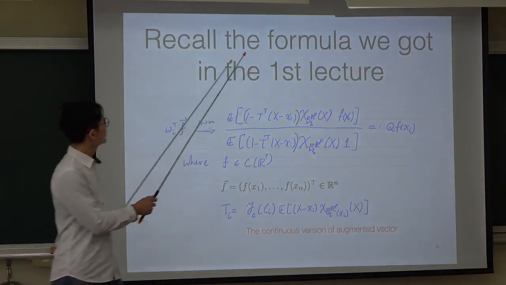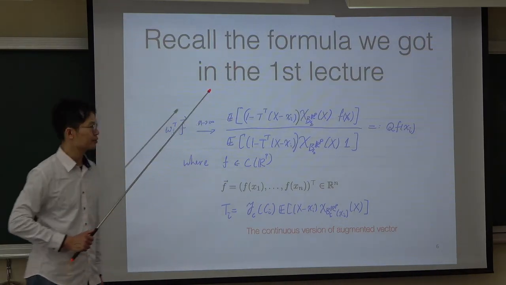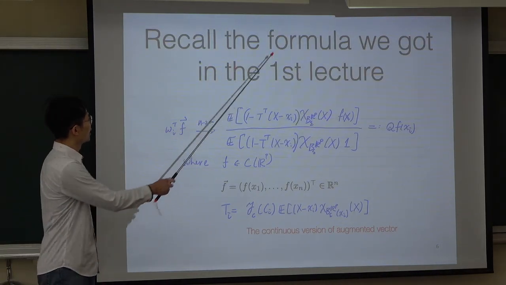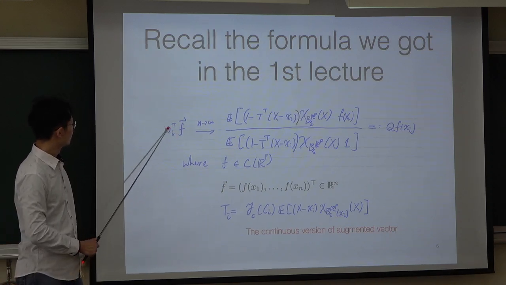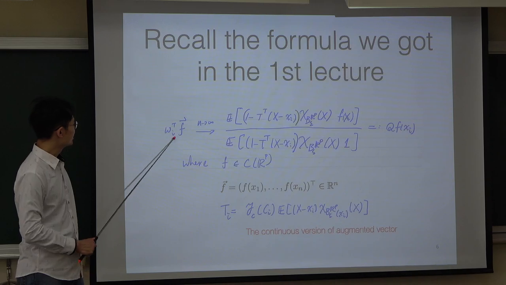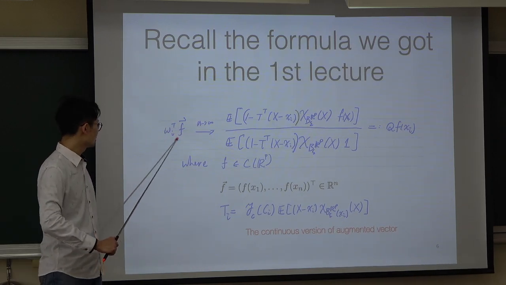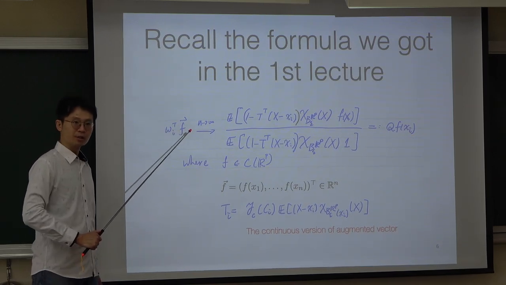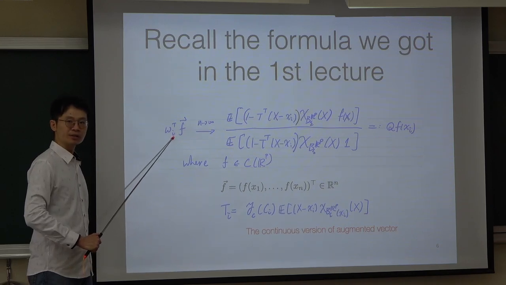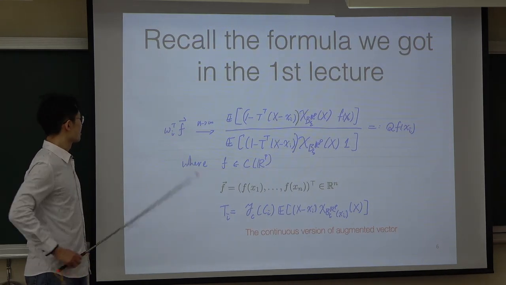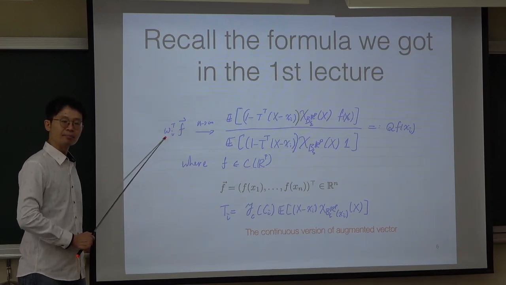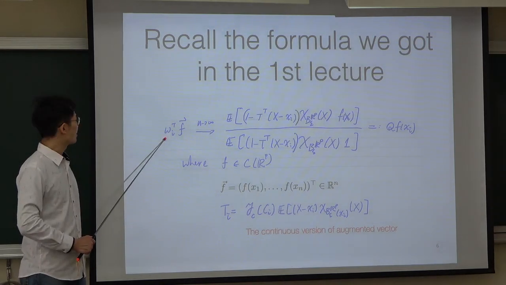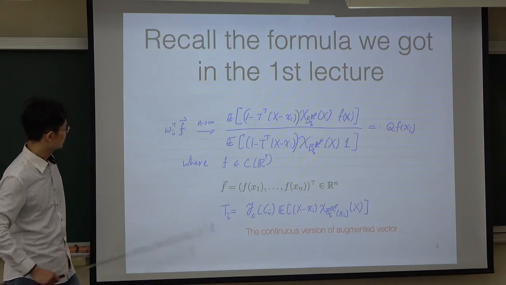So recall what we discussed in the first lecture about the formula. Remember this w_i, omega_i. Omega_i is the barycentric coordinate of the point x_i using the neighboring points, and the neighbor points are determined by all points within the epsilon neighborhood.